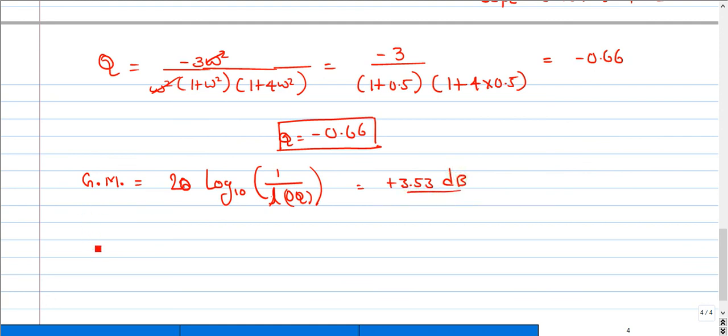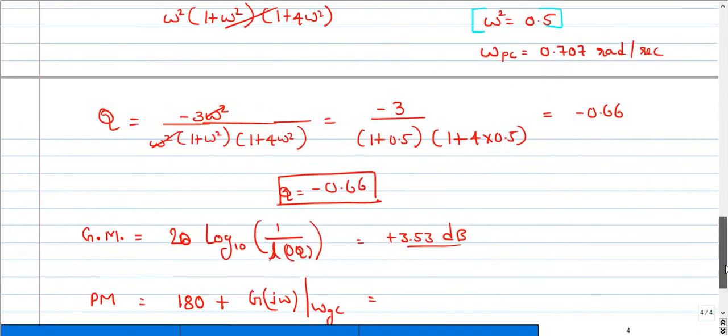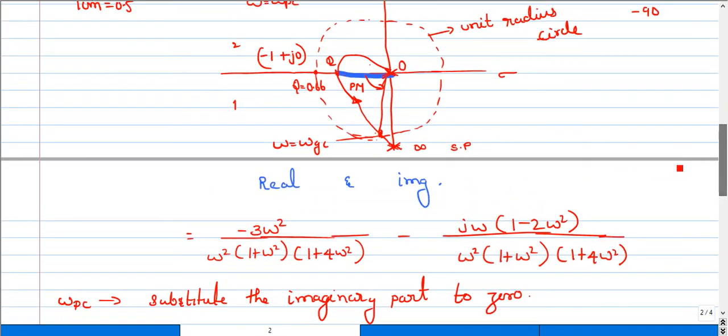And phase margin is 180 degree plus the angle made with respect to GC. So here if you check, you need to measure from here in clockwise, 0, 90, and so this angle you need to measure.